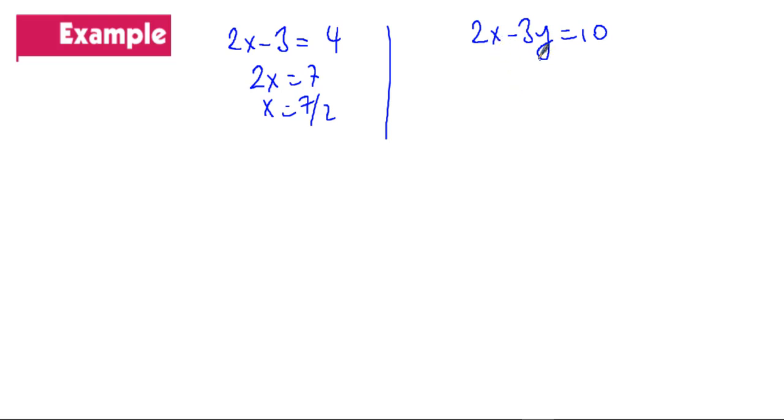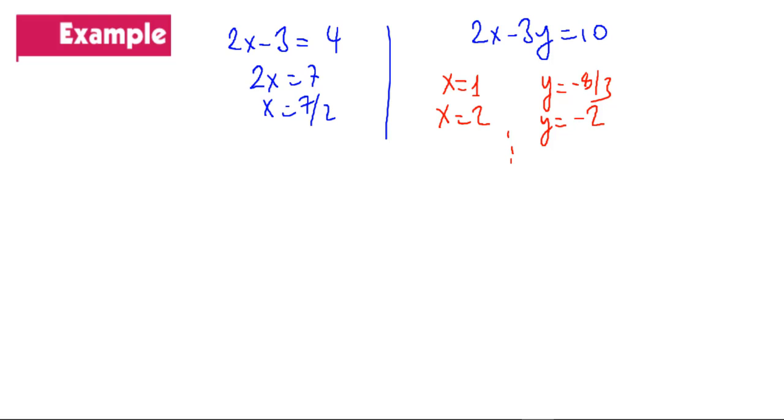So for this case, I actually have infinitely many solutions, right? If I just say randomly x equals 1, I can find what y is. What will y be? Y will be minus 8 by 3. If x equals 2, let's say, y will be 6 minus 2. So infinitely many solutions for this one.